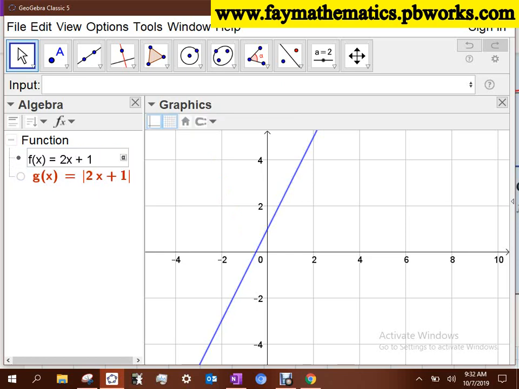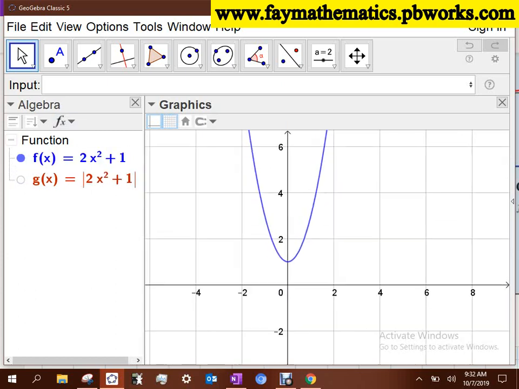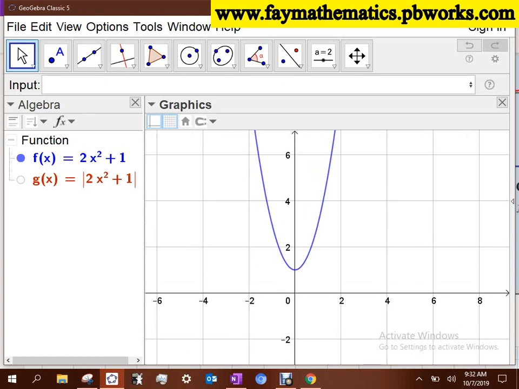Now, this doesn't have to be linear. This could be something like this. Okay, now here's the idea. Now think about this. Are all your y values there positive? So when I take the absolute value, are they still just all positive? And we don't really see anything different there, right? Let's do this.